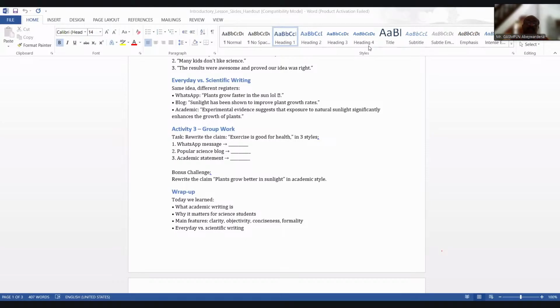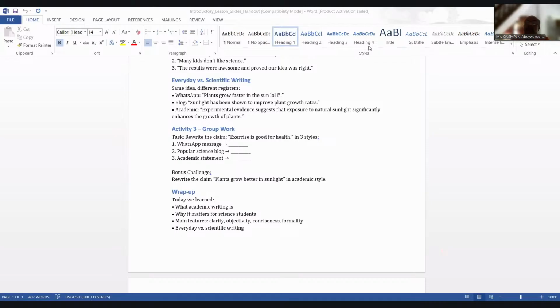Third one, academic. A significant number of scientific studies illustrated that exercises are crucial. Crucial is an adjective. Exercise is crucial to the human body to maintain a healthier body.